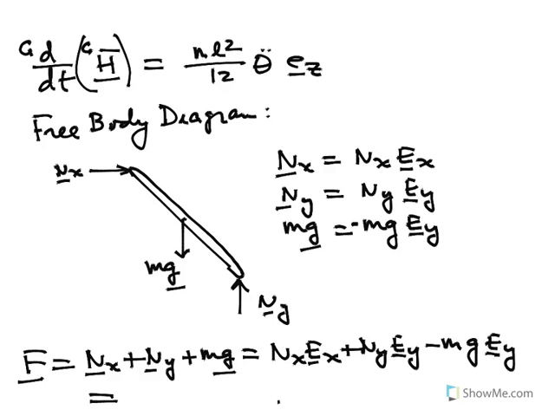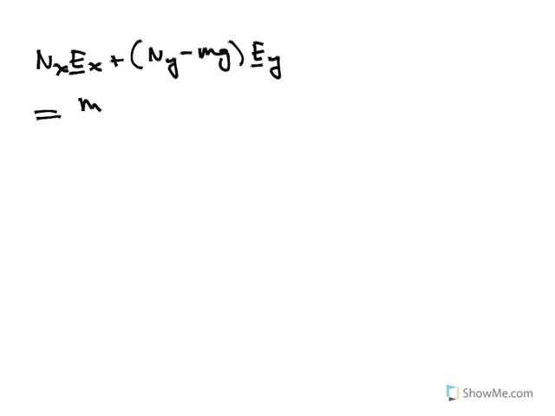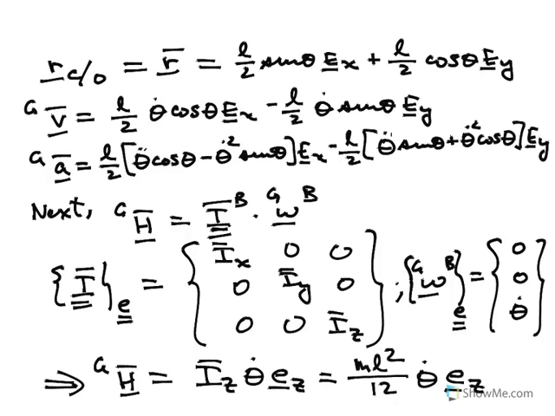And that is equal to N sub x Ex plus N sub y minus mg Ey, and that has to equal the mass times the acceleration of the center of mass. So N sub x Ex plus N sub y minus mg Ey has to equal m, and now let's go back to the acceleration of the center of mass.